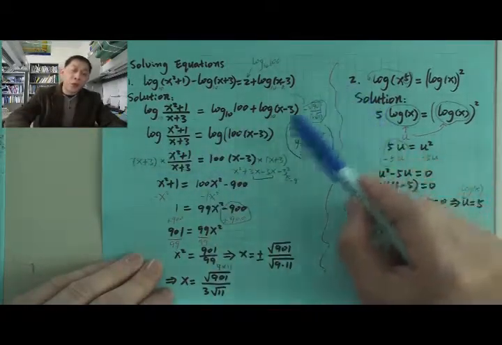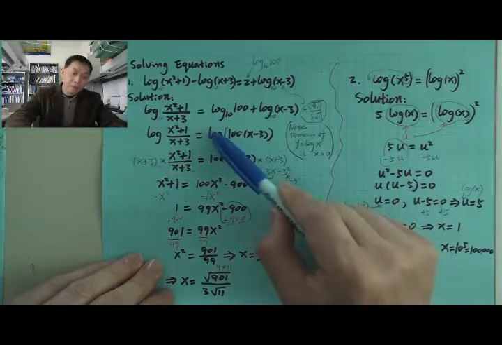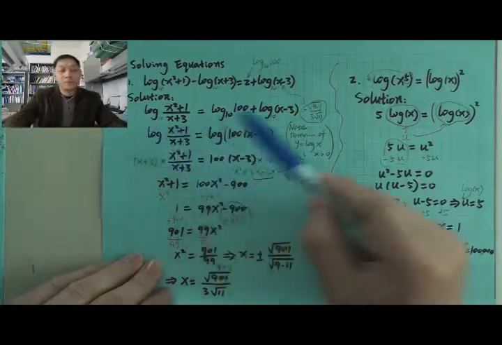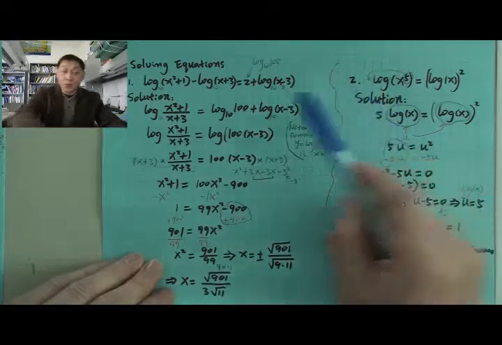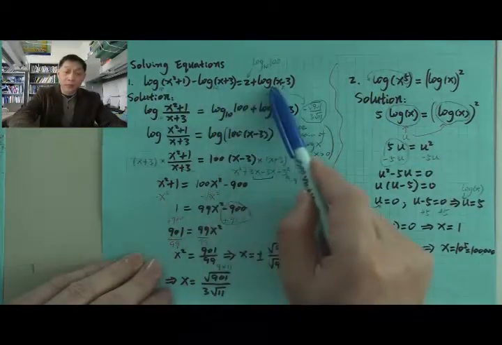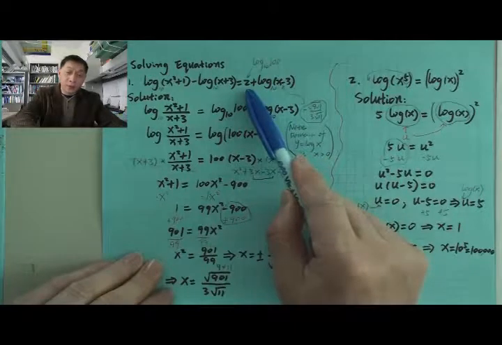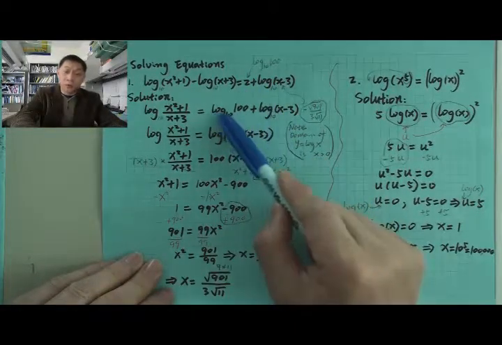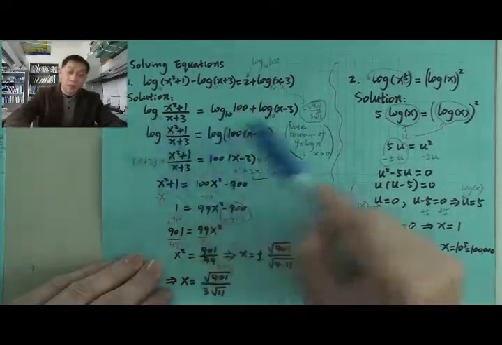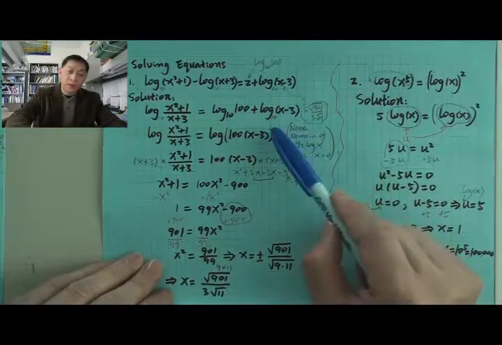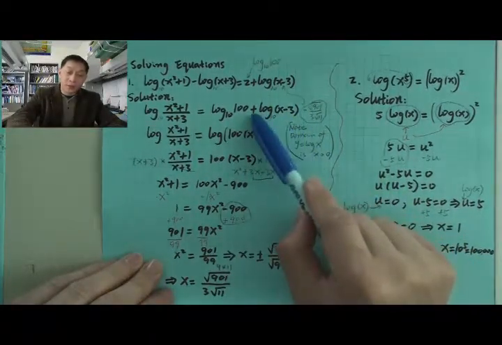Now is the time to drop the log. You cannot drop the log right here, because there is a 2 and you cannot drop it. You also cannot drop it right here. That's a popular mistake, because here is addition.